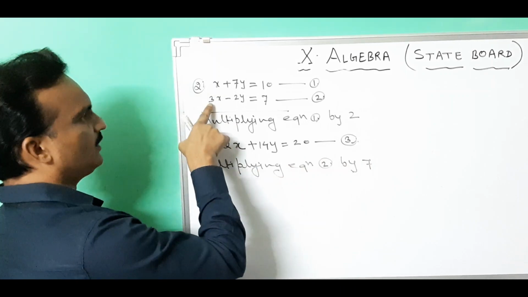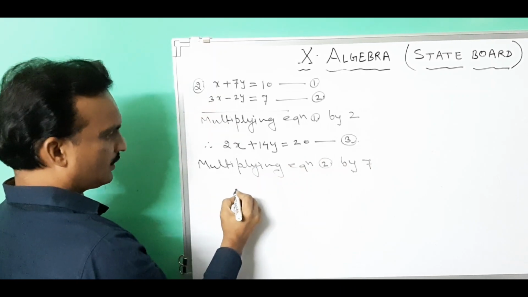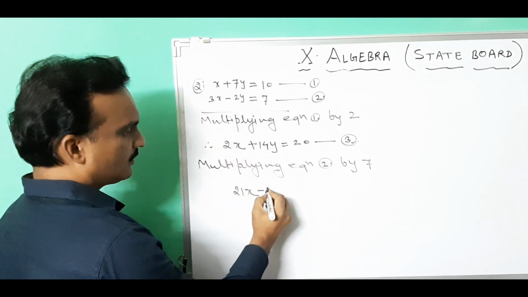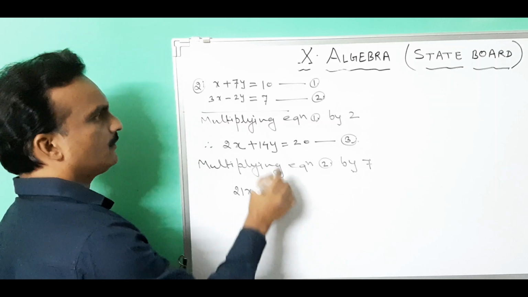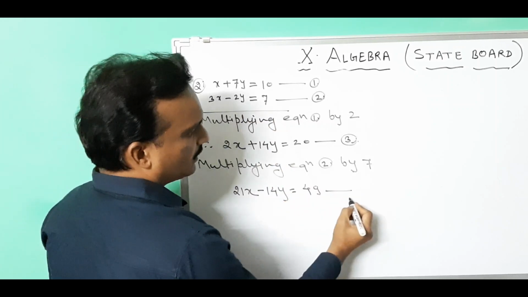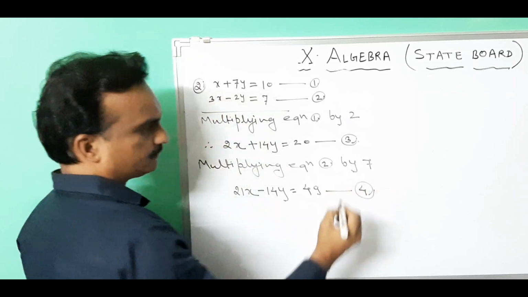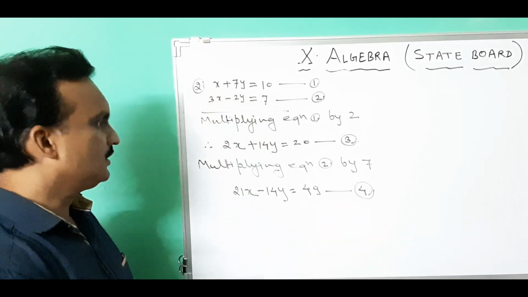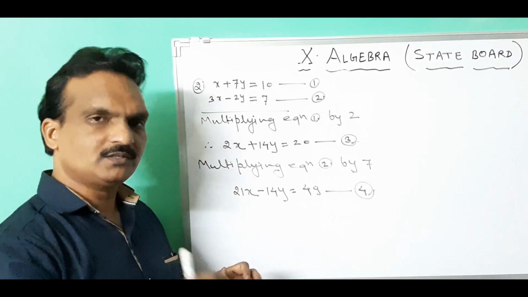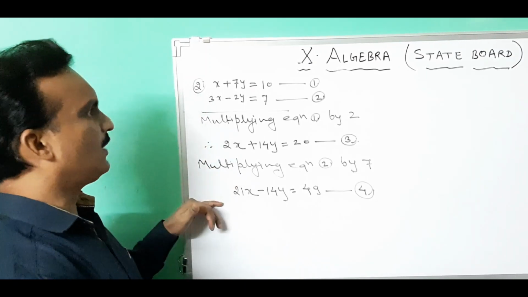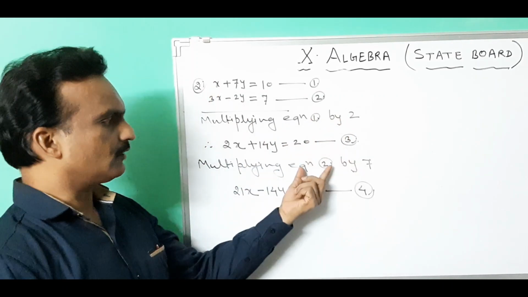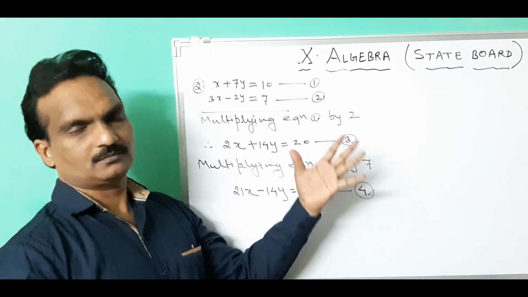Multiply with 7. 7 threes are 21x and 7 twos are 14y. 7 sevens are 49. Equation number 4. You can combine these two statements also. In one statement only you can write multiplying equation 1 by 2 and equation 2 by 7.